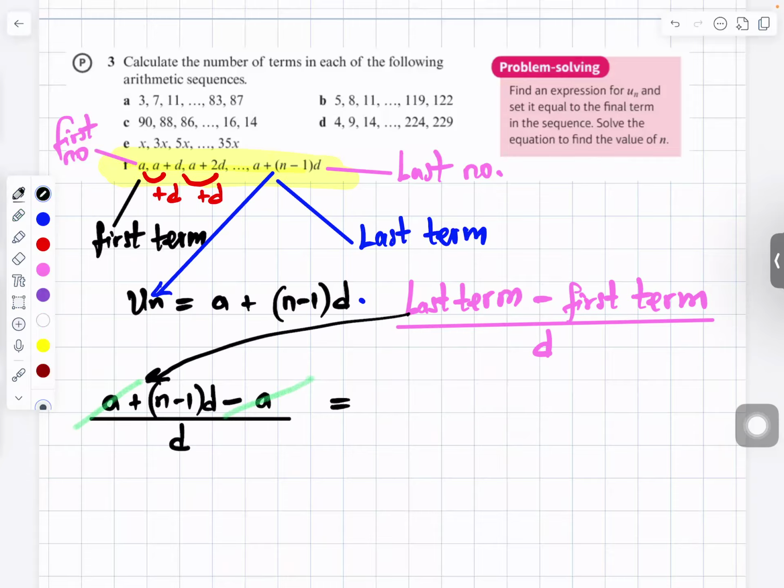So we're left with n minus 1 D over D. And then when you simplify again, this D and D will cancel. You end with n minus 1. So that gives us the number of terms. There are n terms.